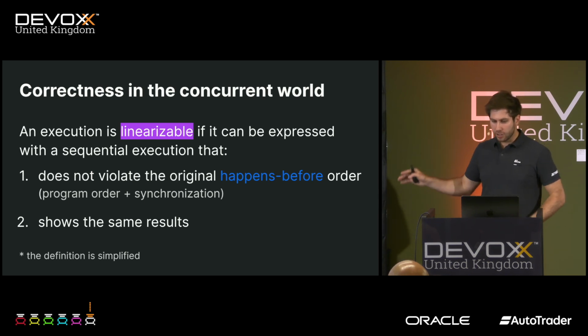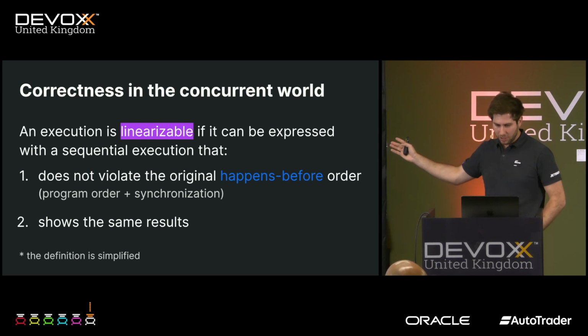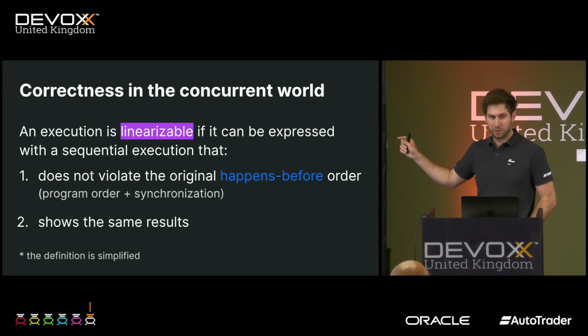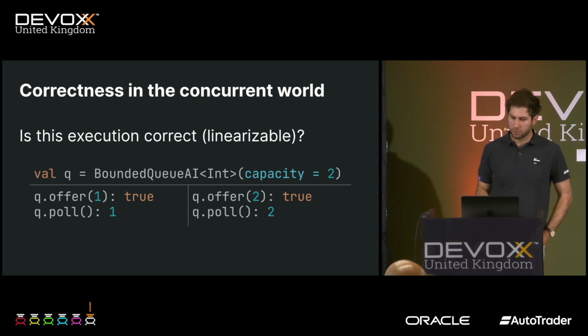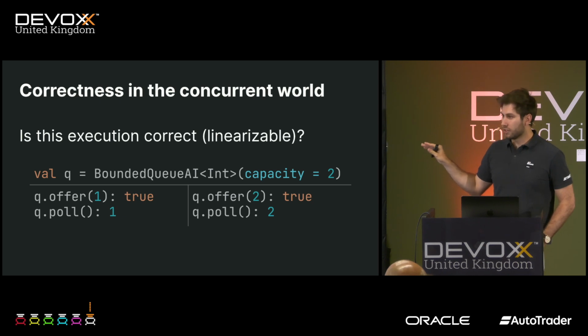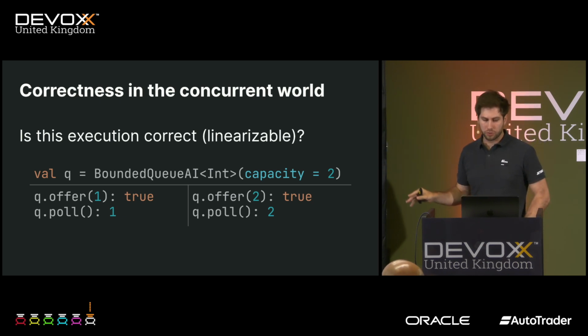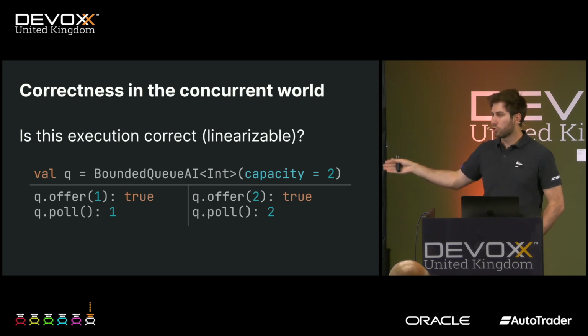Okay, I understand that it's a little bit unclear how to use this definition, so let's try to understand it with examples. I've prepared several examples, and we'll try to analyze whether the executions are linearizable or not, whether they're correct or not. In this example, we have a queue of capacity 2 and 2 threads.